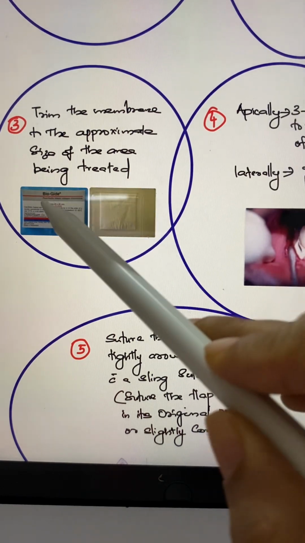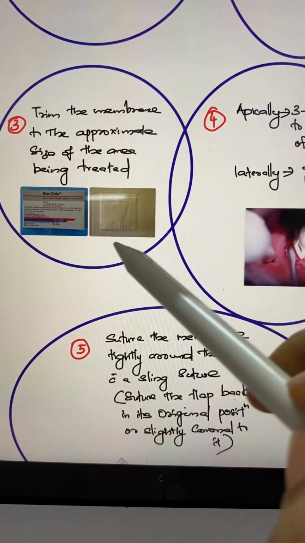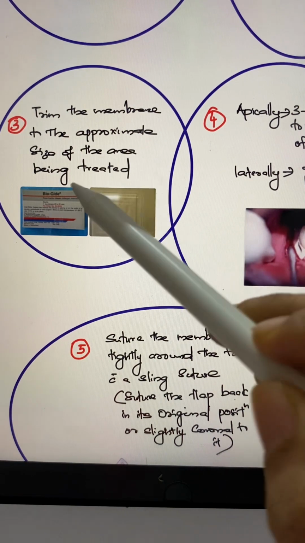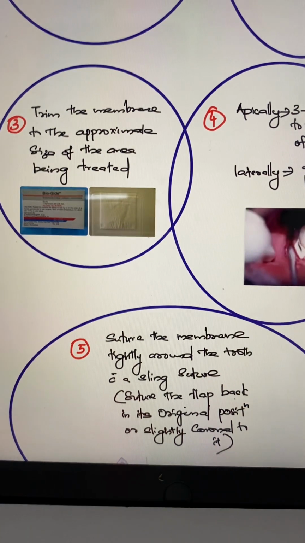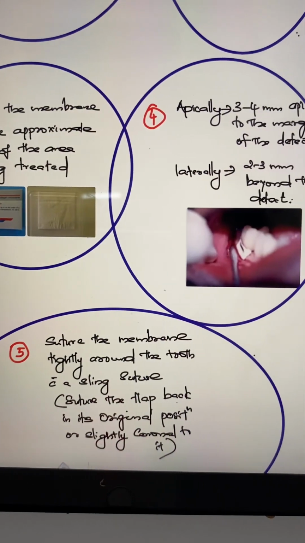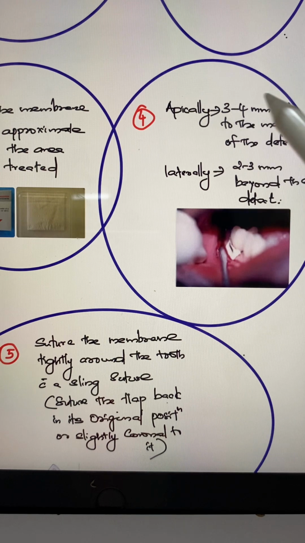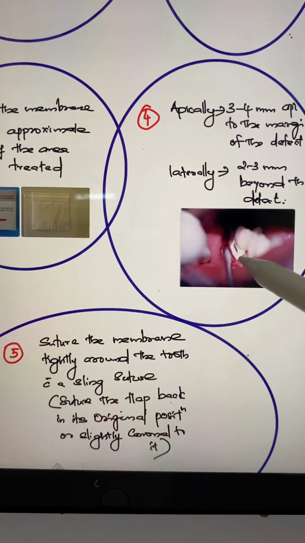This is the GTR membrane. We need to trim the membrane to the approximate size of the area being treated. Afterwards, we have to place it apically and laterally. Some measurements are there, and by following that we place the GTR here. Can you see? Here we place the GTR.